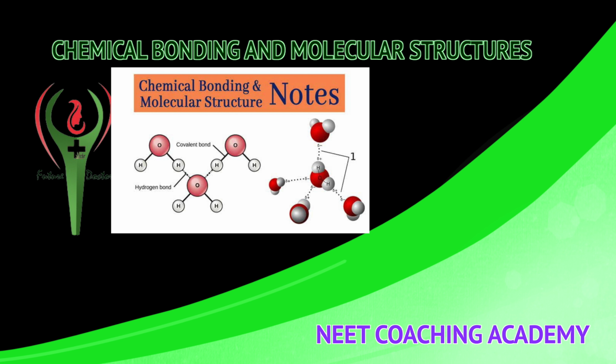Now we can write a hybrid of these canonical structures. What is a hybrid? In structure 1, the double bond is present between oxygen 1 and 2. In structure 2, a double bond is present between oxygen 2 and 3. So a double bond is present on the left hand side as well as on the right hand side.